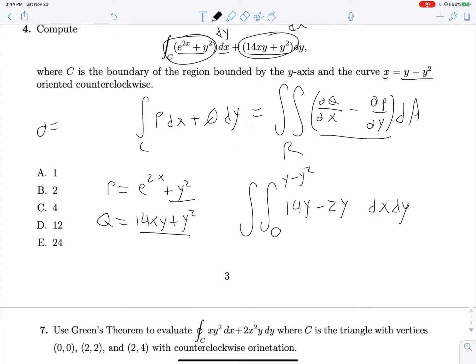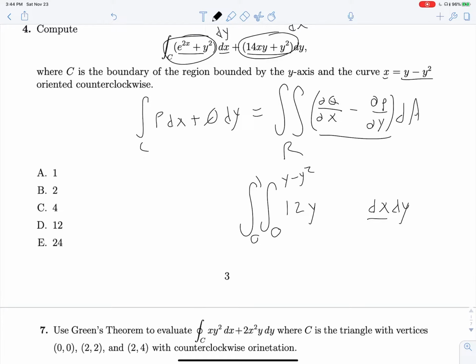So 0 is y minus y squared, which is y squared equals y, so that's y equals 1, so y is going to run from 0 to 1. So now if I make a little bit more space here, we can simplify our integrand to 12y, and taking this dx, well, we have no x's in here, so we can just multiply this guy in.